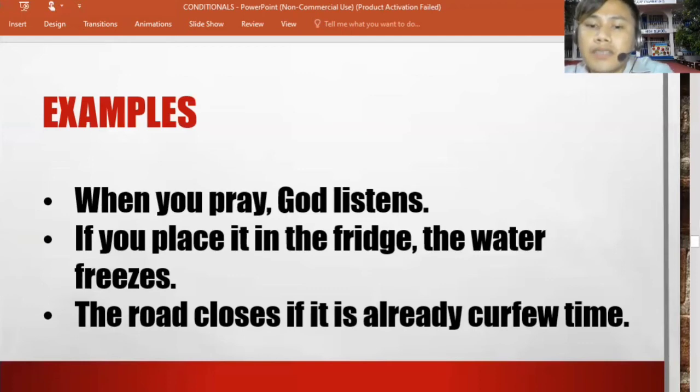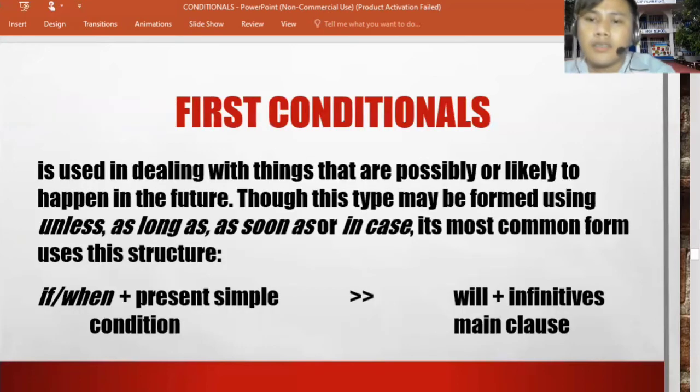So now let's move on to the second type. Let me just show you my screen. So the first conditionals, what it's all about, how it differs from zero conditionals. In first conditional, we use it in dealing with things that are possibly or likely to happen in the future.